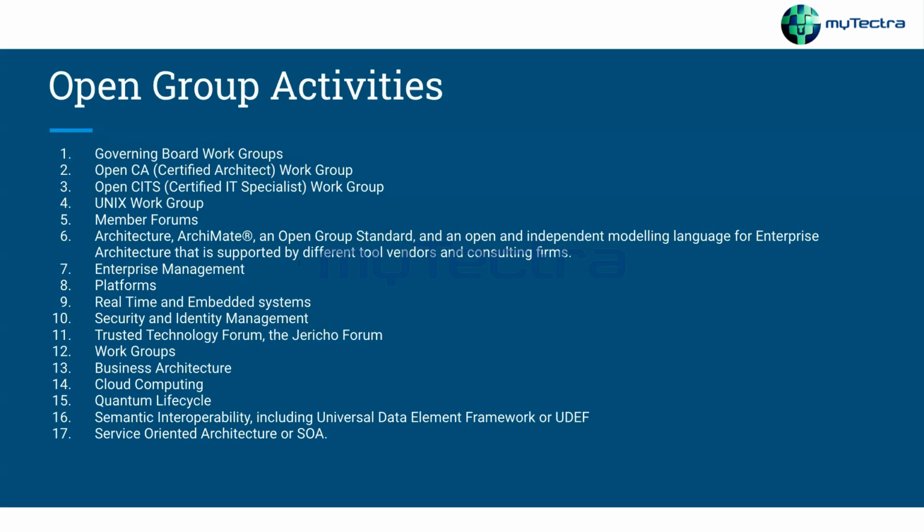ArchiMate is nothing but a set of tools which will be helpful for creating architectures. TOGAF is a framework only. ArchiMate is where you design architecture. It has independent languages, like how you have Canva for designers. Same thing.